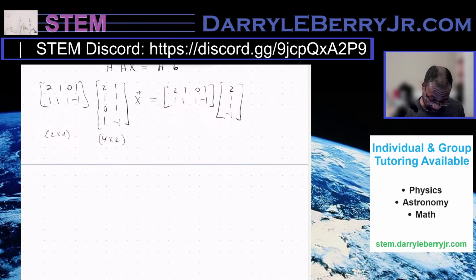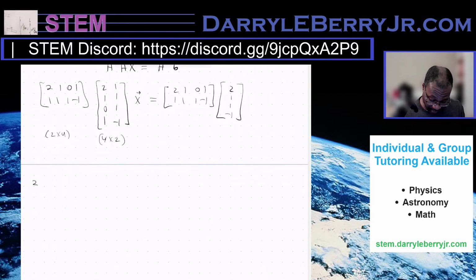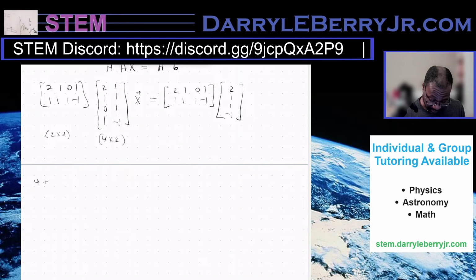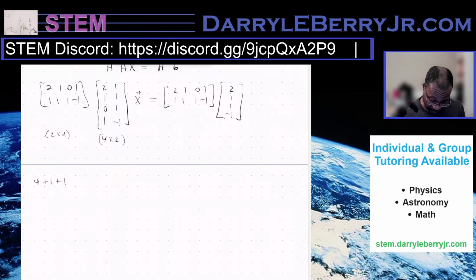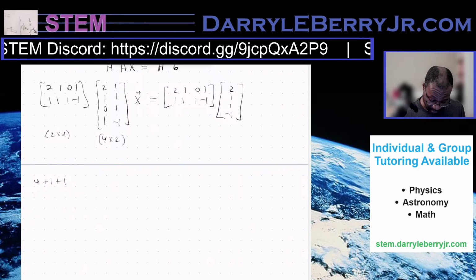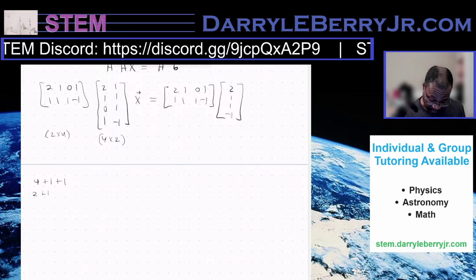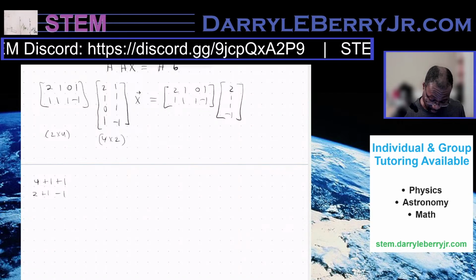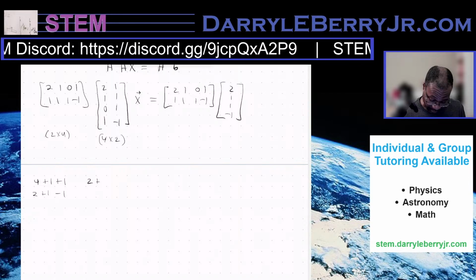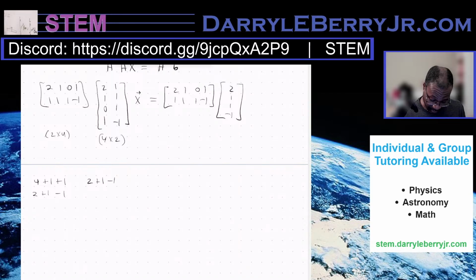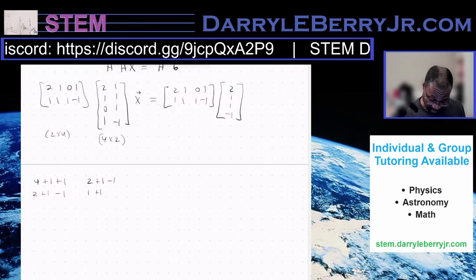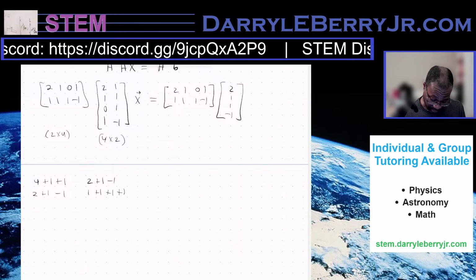So we have 4 plus 1 plus 1, 2 plus 1 minus 1, 2 plus 1 minus 1, 1 plus 1 plus 1 plus 1.